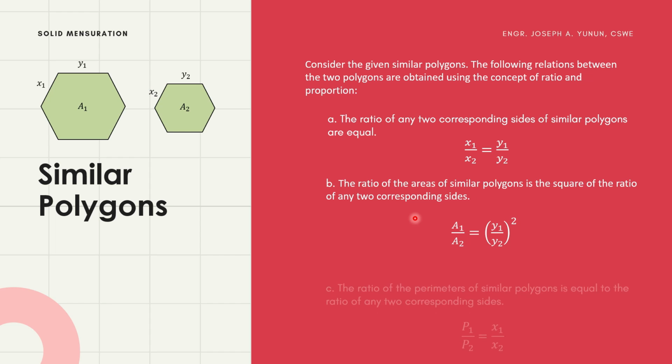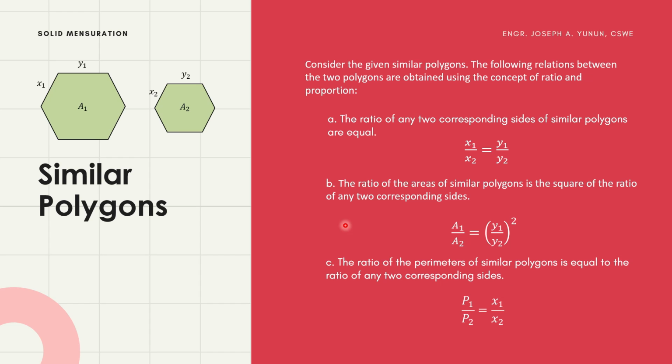Okay, and the last one is the ratio of the perimeters of similar polygons is equal to the ratio of any two corresponding sides. So for the perimeter, you could simply use the ratio of any two corresponding sides, like for example x1 x2 or y1 y2.